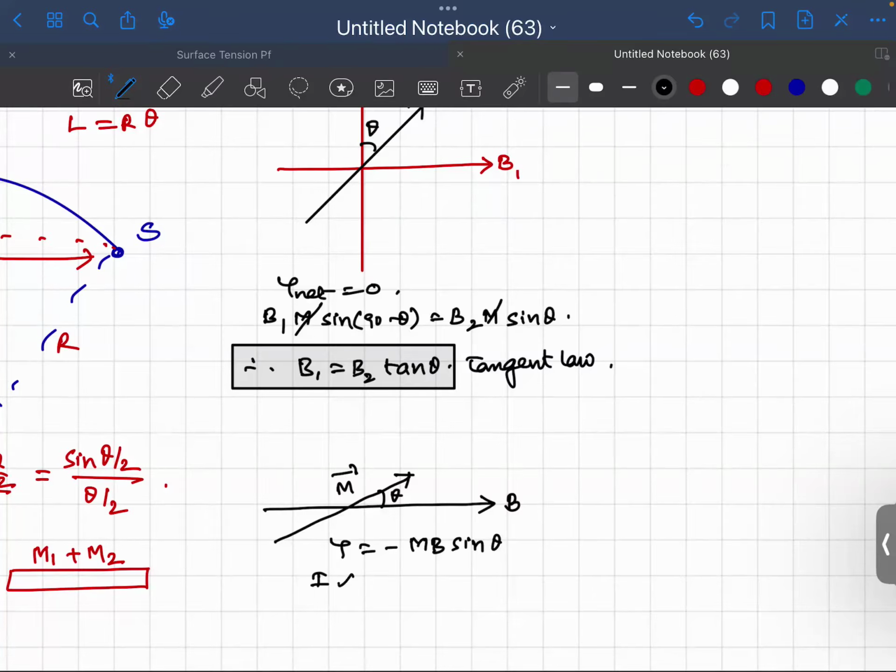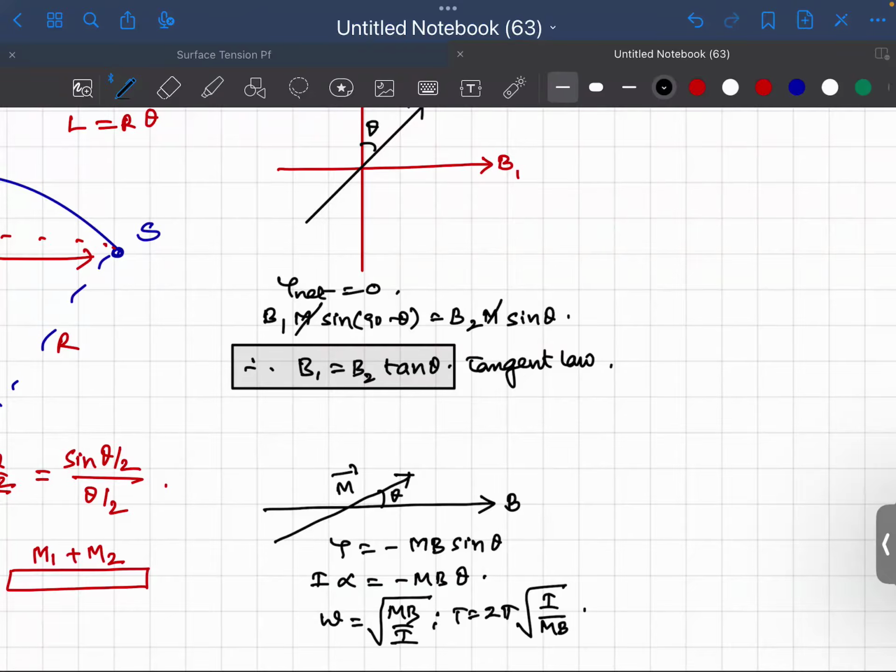So this will provide I alpha equal to minus mB theta for very small angle. So this executes SHM, whose omega is given by root mB by I, and whose time period is given by 2 pi root I by mB.